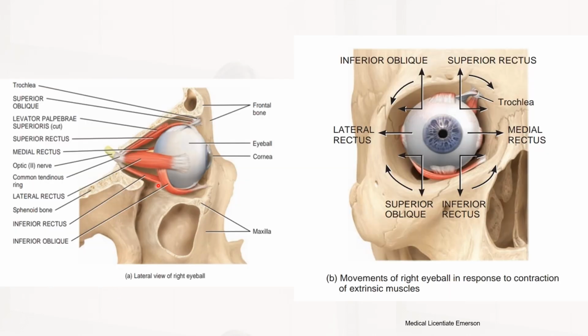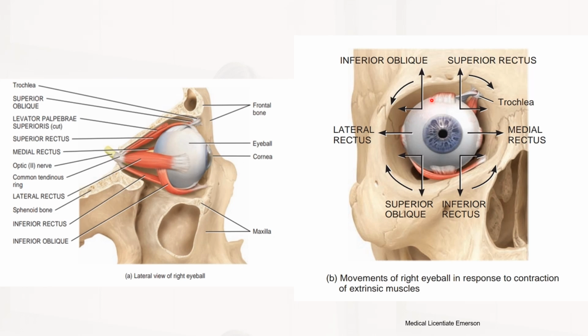These are the same extrinsic muscles, so this is where they are. This is the lateral rectus, this is the inferior rectus, this is the inferior oblique, and this is the superior oblique. In terms of the front view, this is how it is.